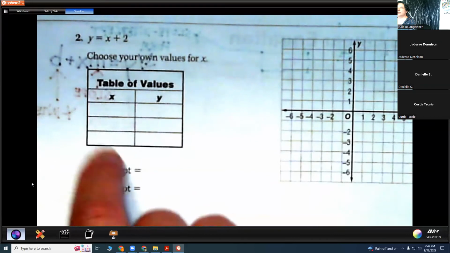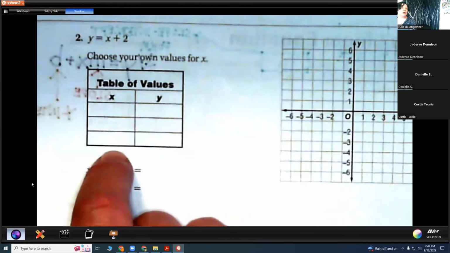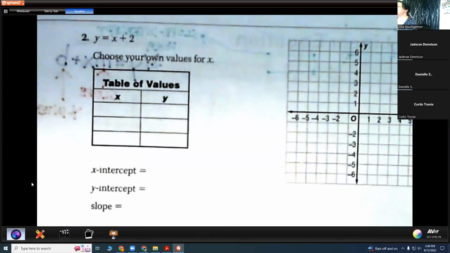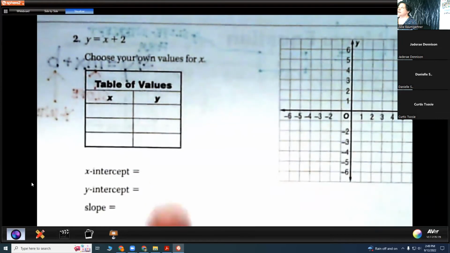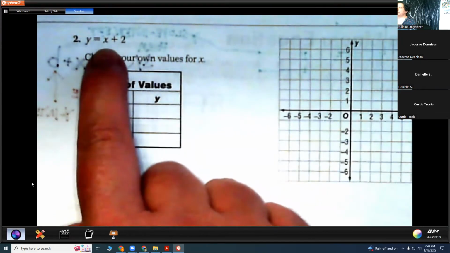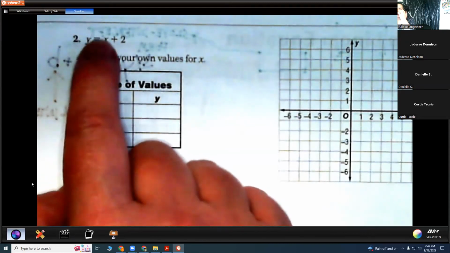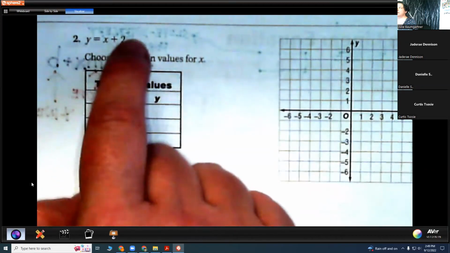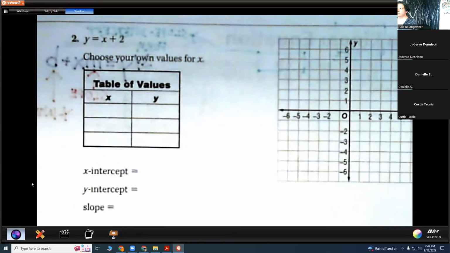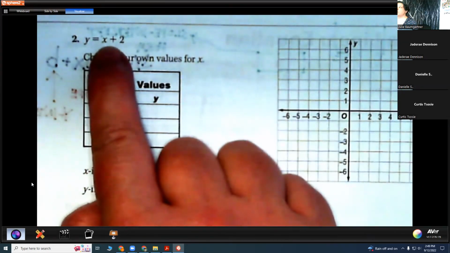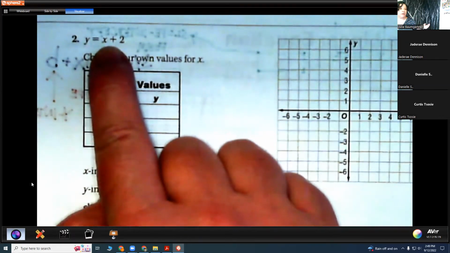Okay, choose, and like I said, 0, 1, and 2 are pretty good choices for x, right? Use those values of x in your equation to figure out when x is what, y is what, okay? And then from there, once again, you already know the slope.